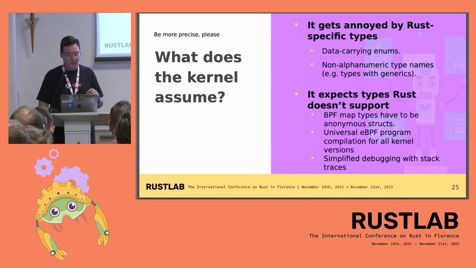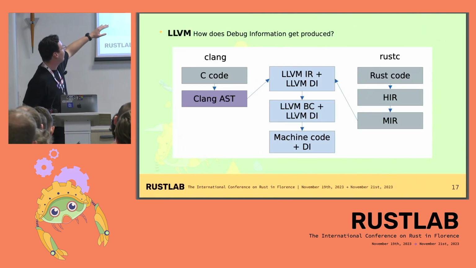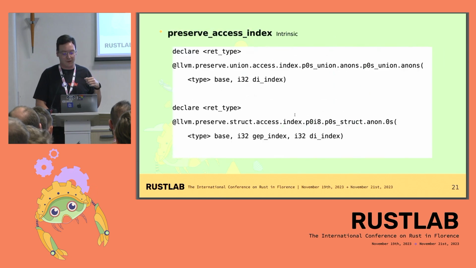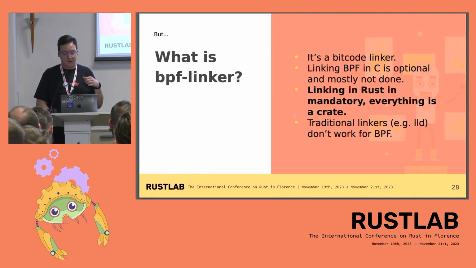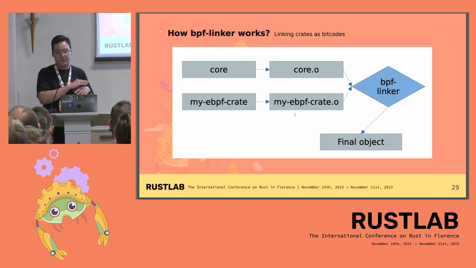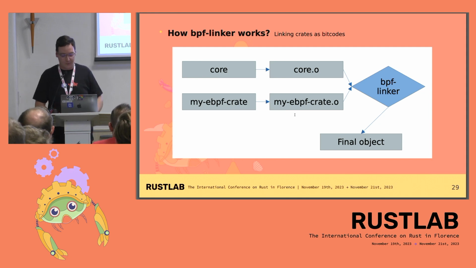It works on almost the last stage of LLVM compilation, LLVM BC. When you have different crates in Rust, you first build bitcode objects from them, and then BPF-linker takes care of creating a final object file from them.